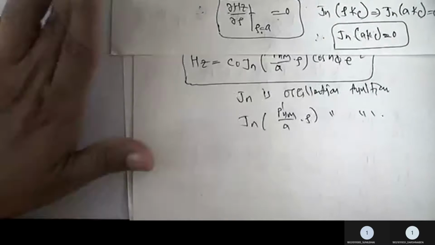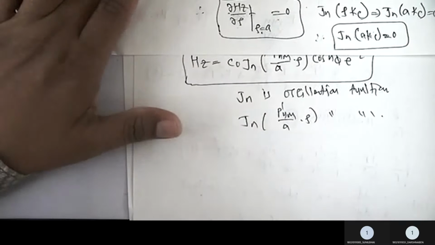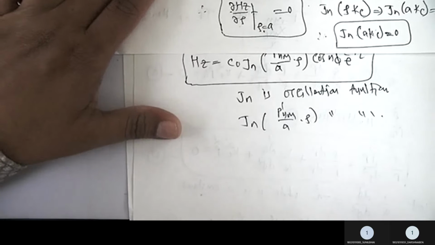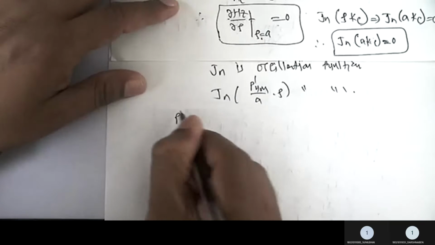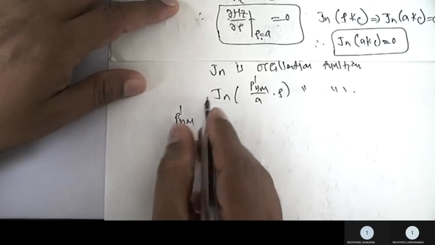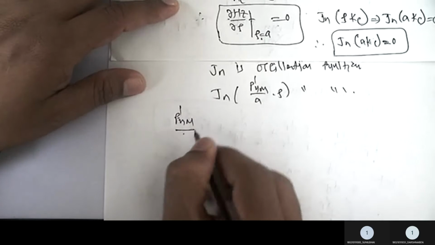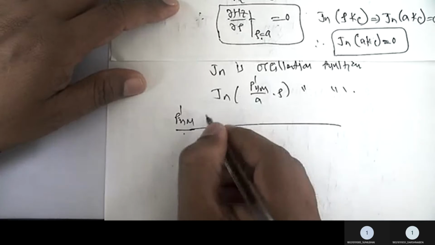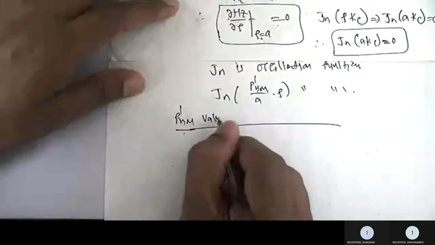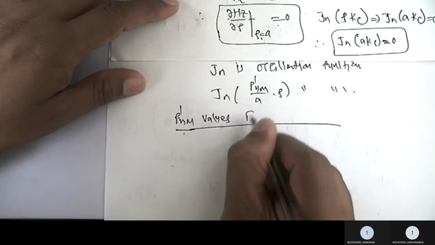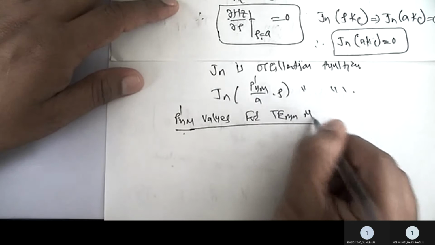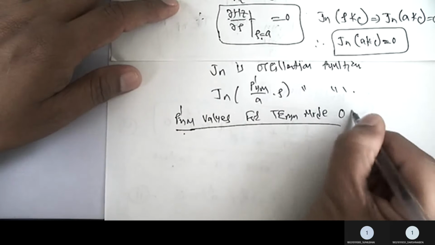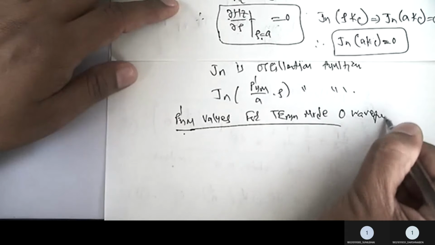So what will happen for different values of this p'_nm, I can denote as values for the TE_nm modes in a circular waveguide like this way.